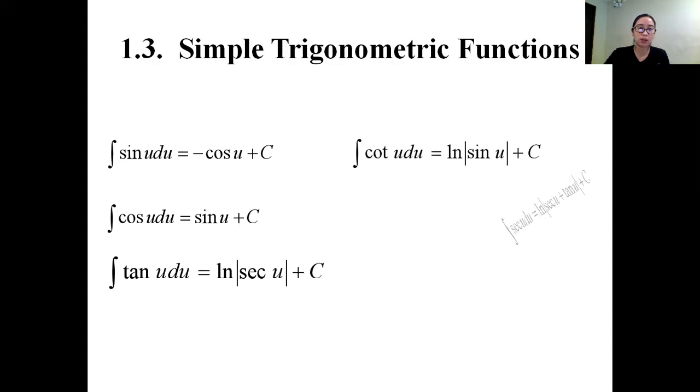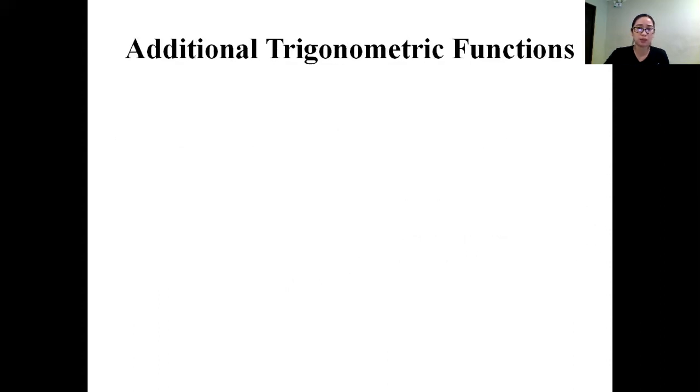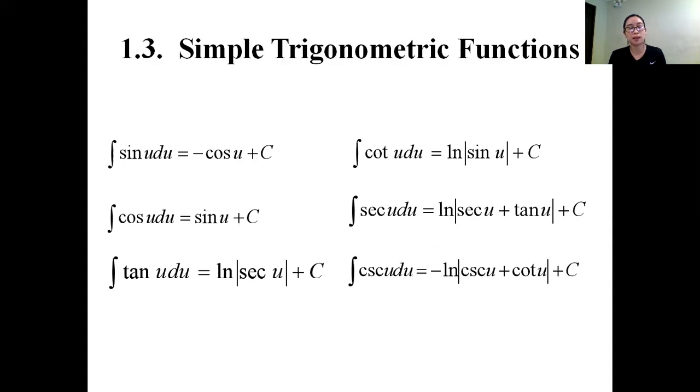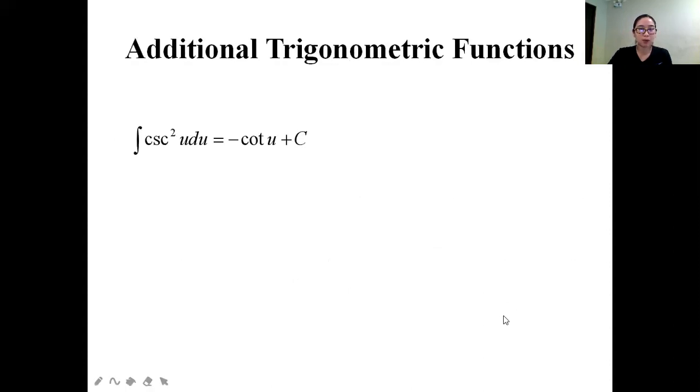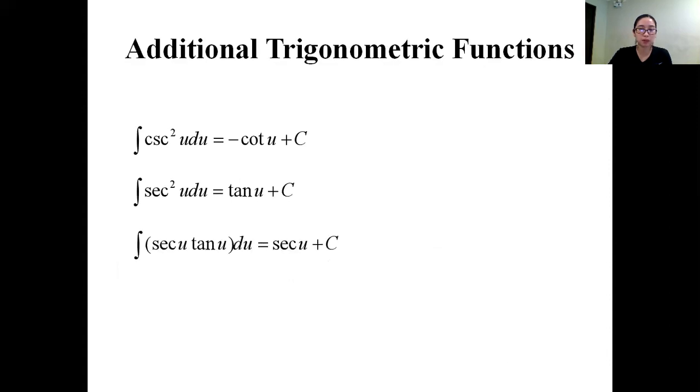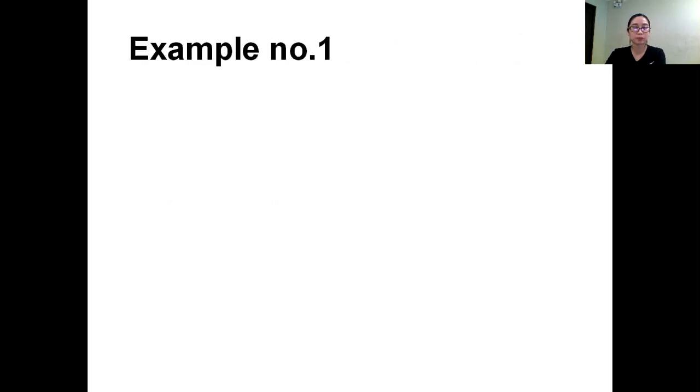Now I introduce this value of u since we are using the chain rule here. So their properties are still the same as what I discussed in the first topic, only the variable is changed to u. So, cosecant, there are additional trigonometric functions here. So, write this on your power notes or in your notebook so it is easier for you to remember.